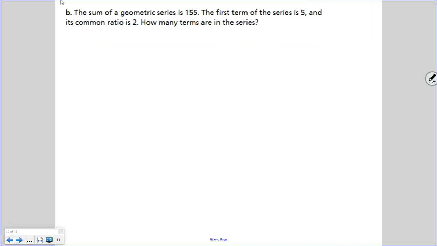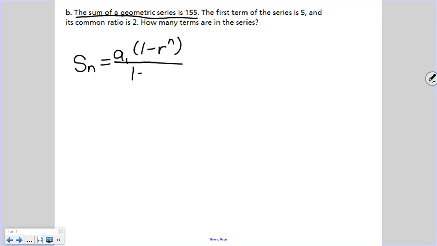And then in part B, this time they give me the sum. So now is where I want to use my sum formula. So S sub n equals a1 times 1 minus r to the n over 1 minus r.